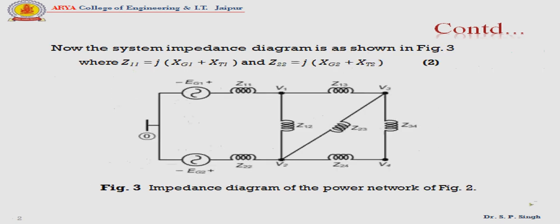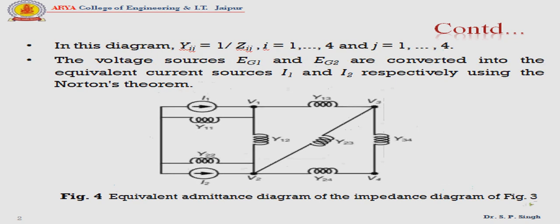Figure 3 shows the impedance diagram of the power network of figure 2. In this figure, bus 0 indicates the reference node that is usually the neutral of the Y connected system. The impedance diagram is converted into an equivalent admittance diagram shown in figure 4.